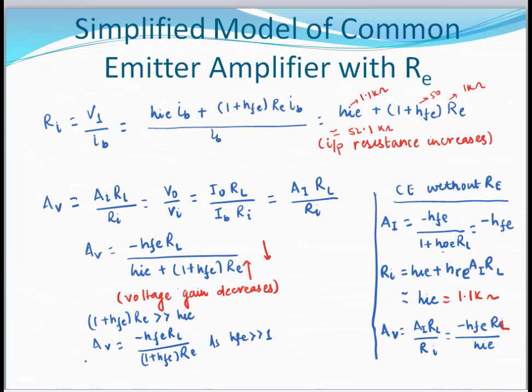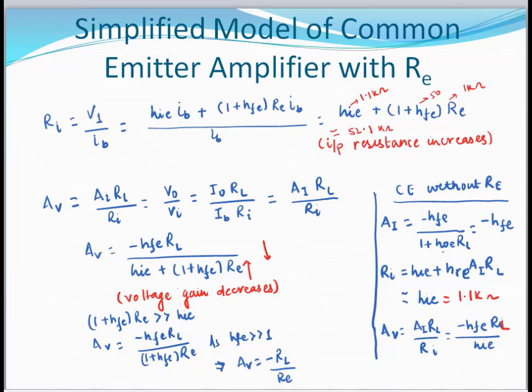Then the hfe terms will cancel out, and we will get the value of AV equal to minus RL by RE.